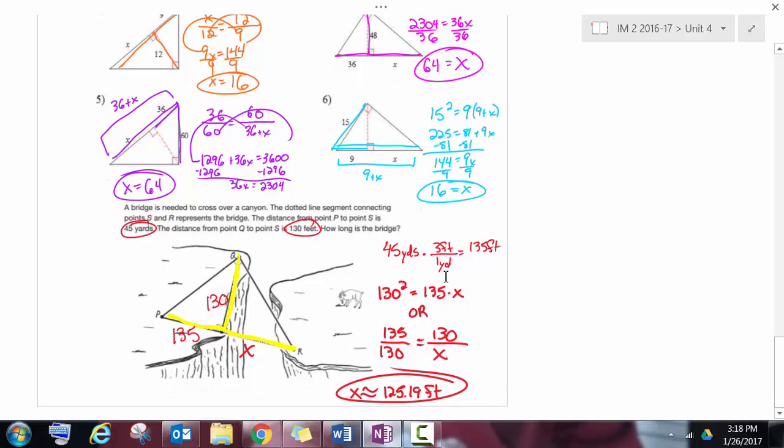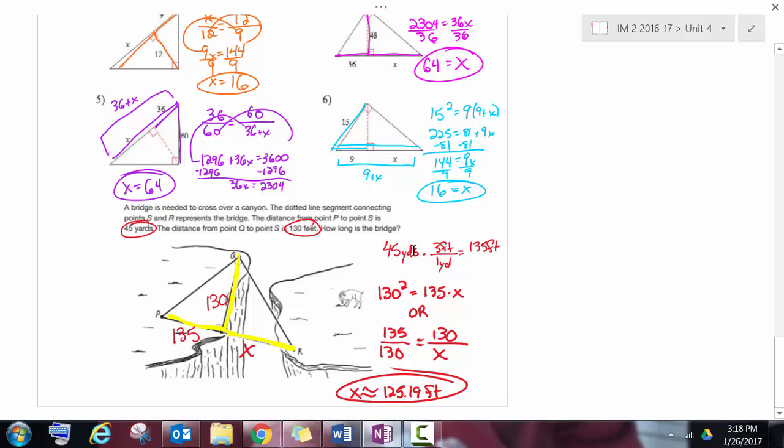Alright, we have the same thing down here, but now we have a word problem. We need a bridge. We need to figure out this distance here. Well, we know this distance and we know this distance, but one's in yards and one's in feet. We got to have the same. So it's easier to change from yards to feet, although I guess we could have done feet to yards.